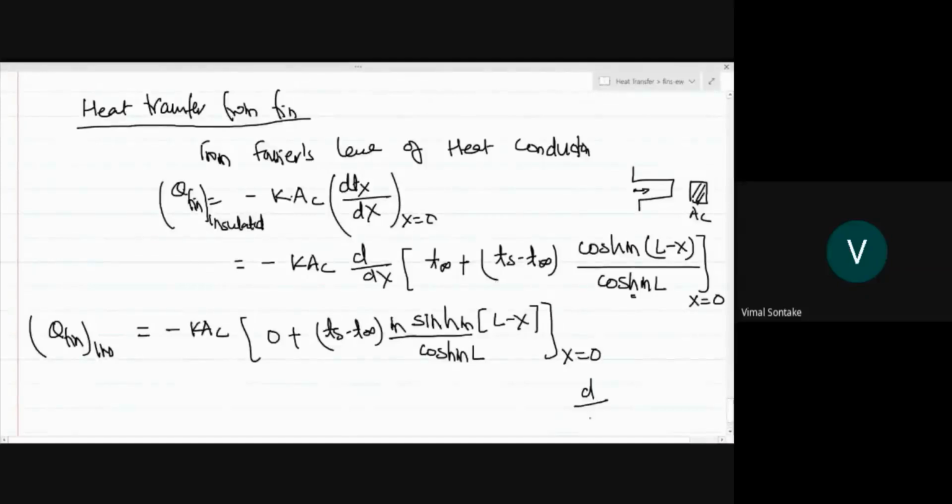Now, please remember that differentiation of cos hyperbolic mx will be equal to m sine hyperbolic mx. This is the formula.